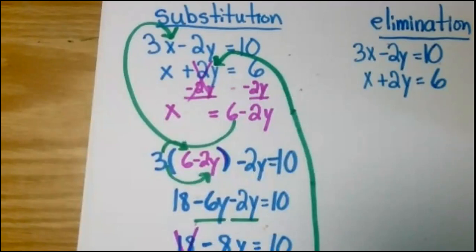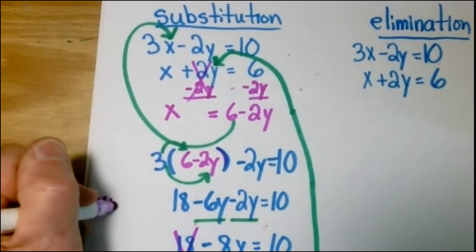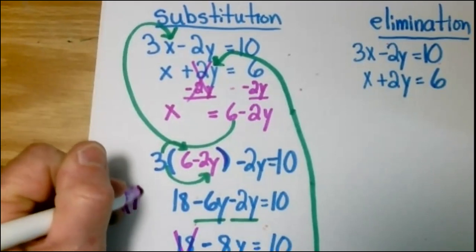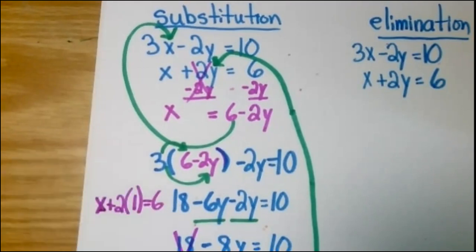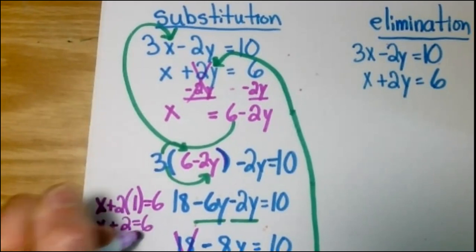So that is going to be, I'll do it on the side here. x plus 2 times 1, that's my y, equals 6. Okay? So x plus 2 equals 6.